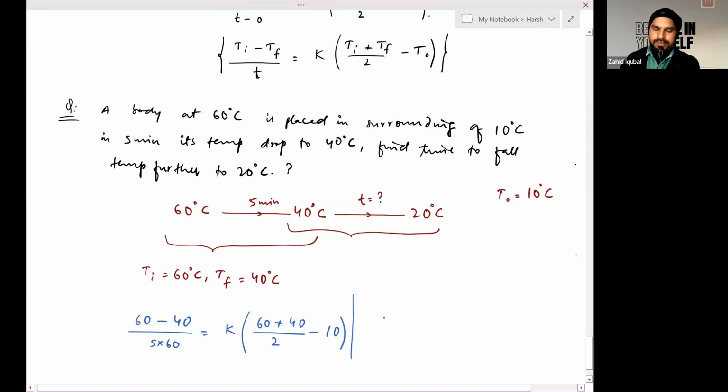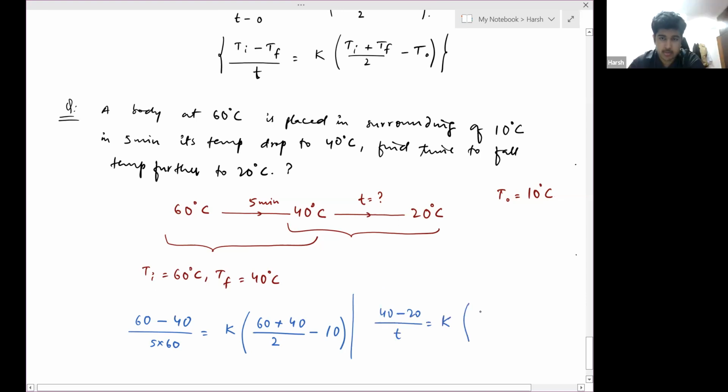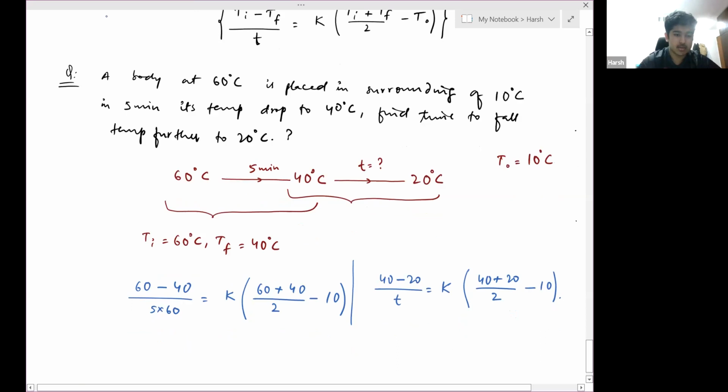Similarly, for the second part, we write 40 minus 20 divided by the time taken, which we have to calculate, equals K times (Ti plus Tf) divided by 2 minus the temperature of the surrounding. Now find K from the first part and put it in the second, and you will get the value of T. Okay? Yes, sir. Just try to solve.